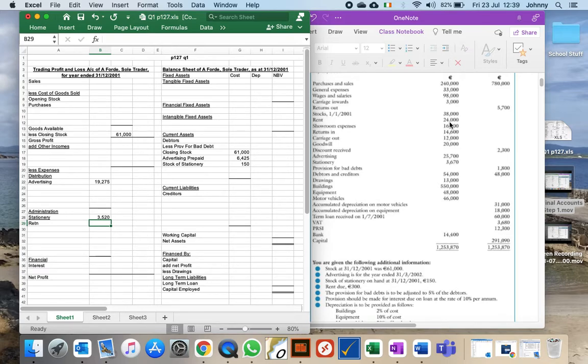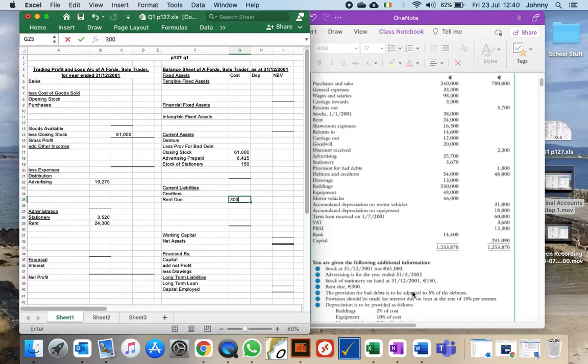Incomes are credit, expenses are debit, so this rent is an expense. So we have 24 grand and we owe another 300, so we need to add the 300 on to the 24 grand. Okay, so that's the real amount that I spent in rent. And then we'll move over to the current liability because we owe money. So rent due is 300, we'll put that in there.